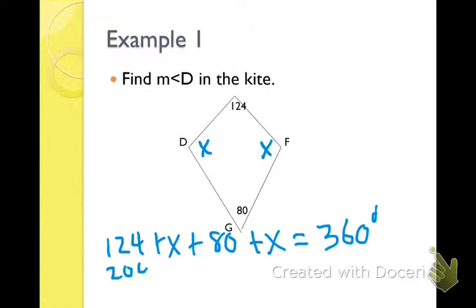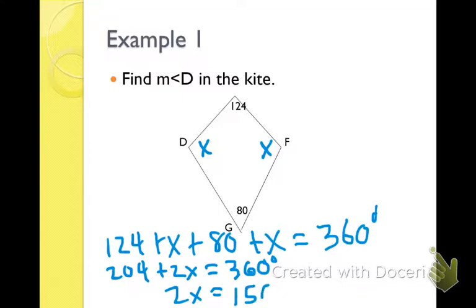Okay, so that would be 204 plus 2X equals 360, right? So 2X equals 156.